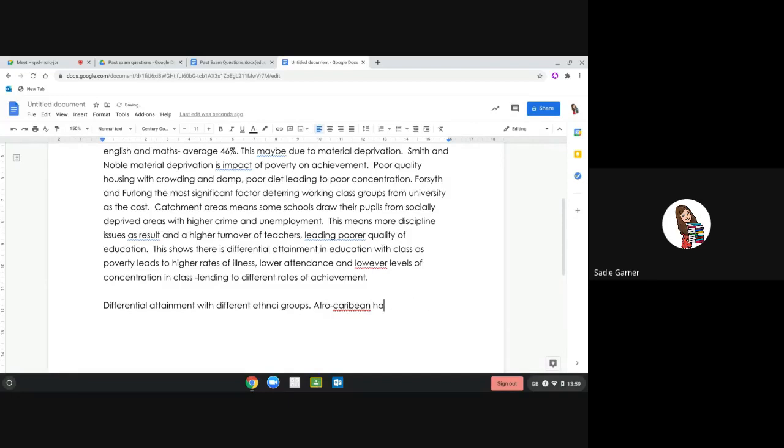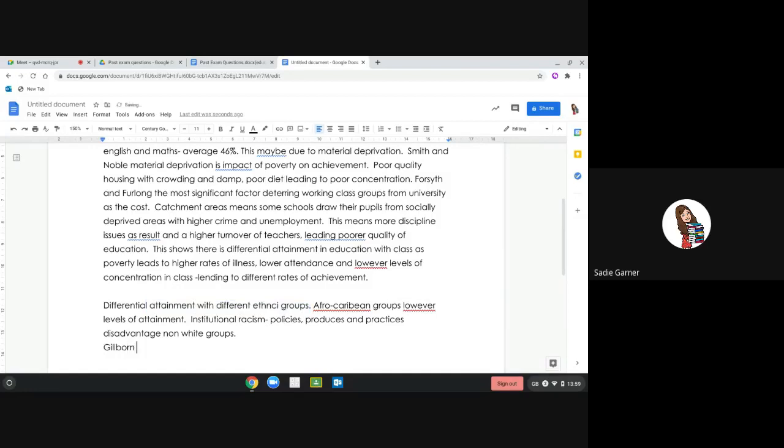Our Afro-Caribbean groups often have lower levels of attainment. This may be due to institutional racism, where the policies, procedures, and practices disadvantage non-white groups. You could put in there actually the stat as well, what our Afro-Caribbean groups achieve compared to the average. That would be quite nice actually.